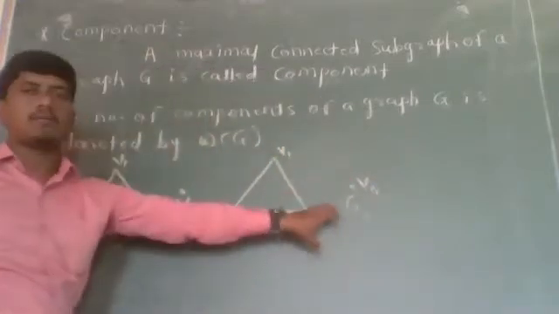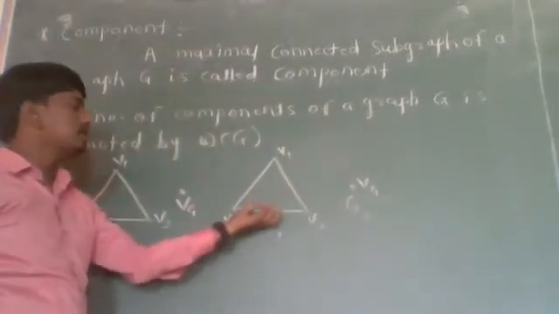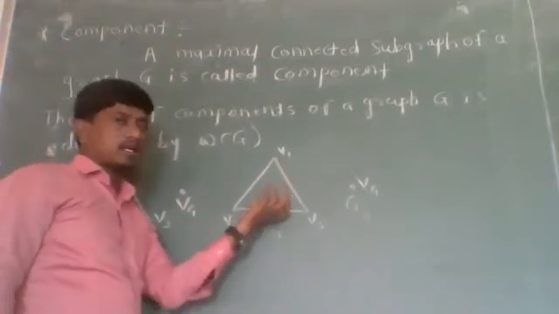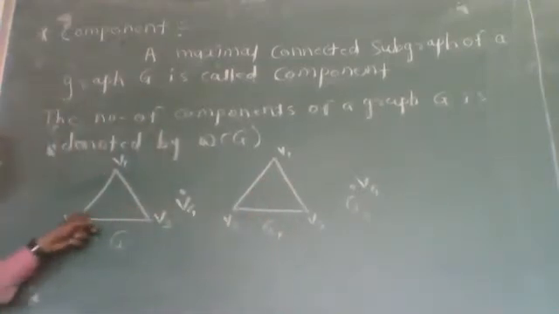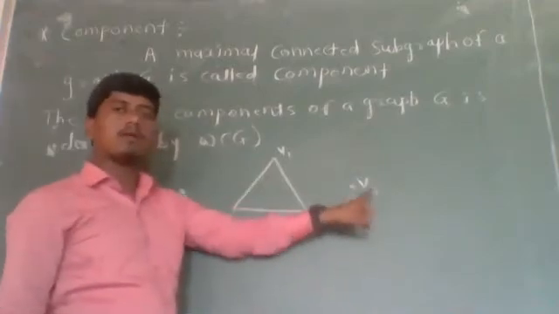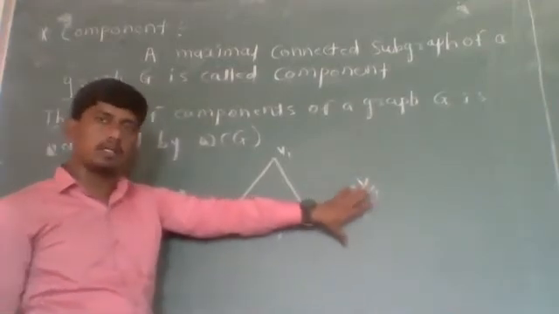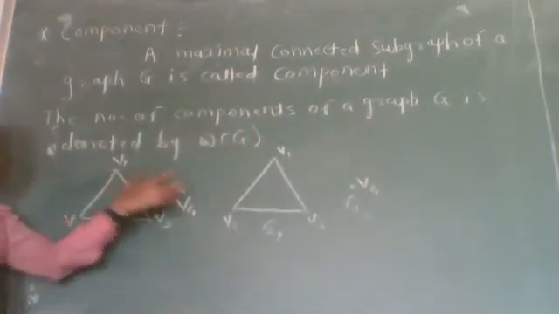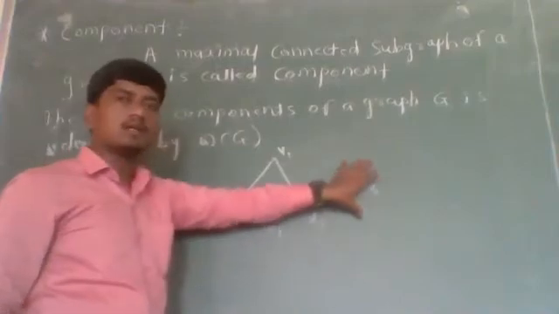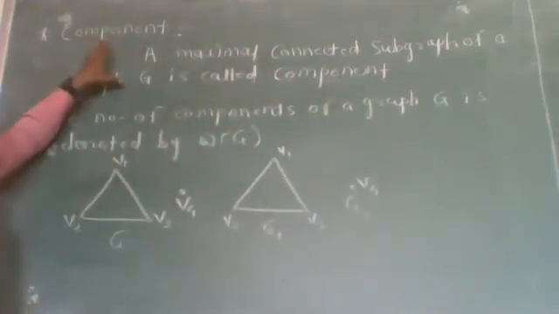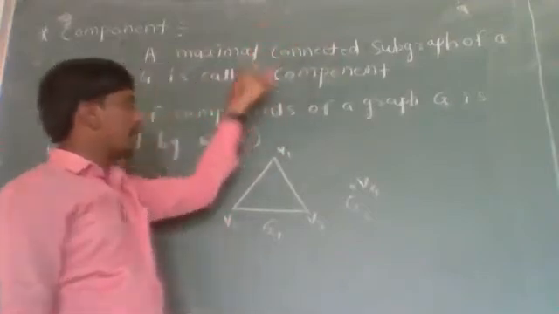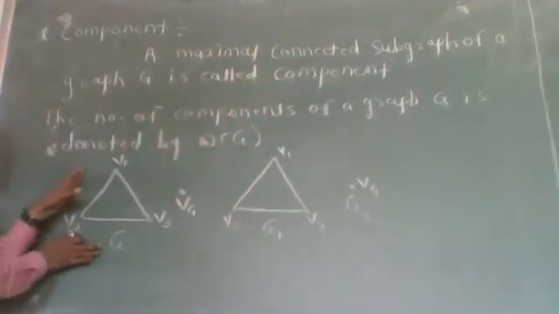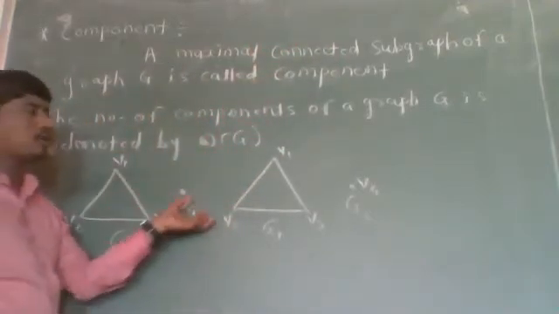Both G1 and G2 are maximal connected subgraphs, since G1 is a connected graph which is not properly contained in any other connected subgraph of the graph G. Similarly, G2 is a connected subgraph which is not properly contained in any other connected subgraph of G. Hence G1 and G2 are two maximal connected subgraphs, and a maximal connected subgraph of a graph G is nothing but a component of G. So the given graph G has two components.